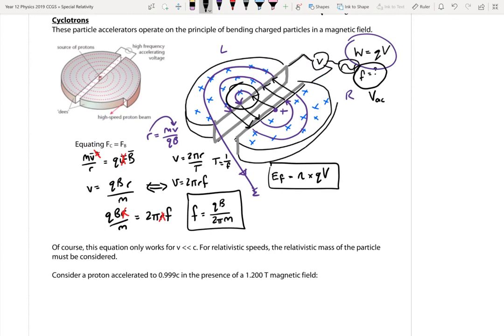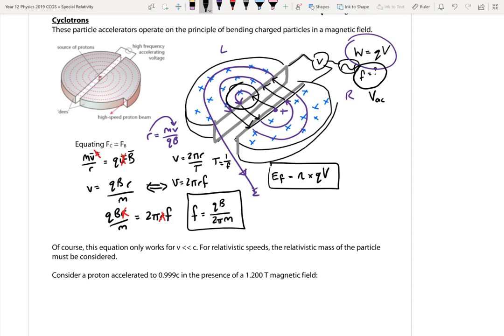You just set your frequency and then out comes this stream of particles because everything is working in synchronicity. As the particle travels around, the voltage flips. It's like pushing a kid on the swing at exactly the right time. But look at that. The radius of curvature doesn't matter.